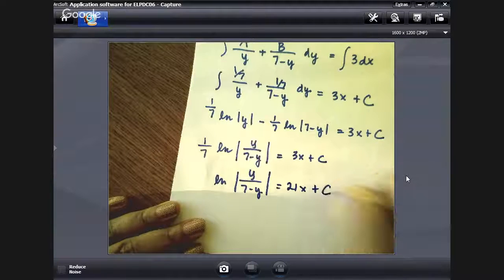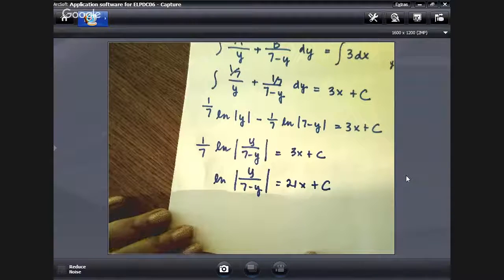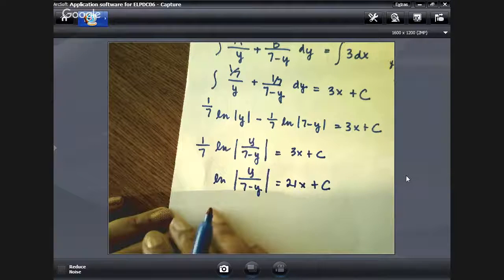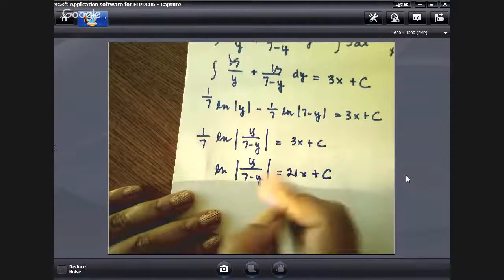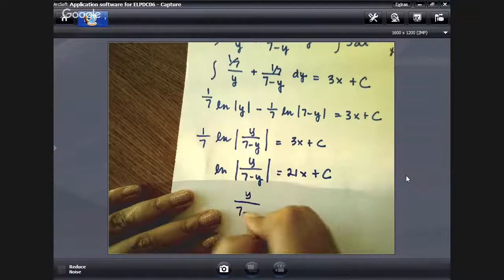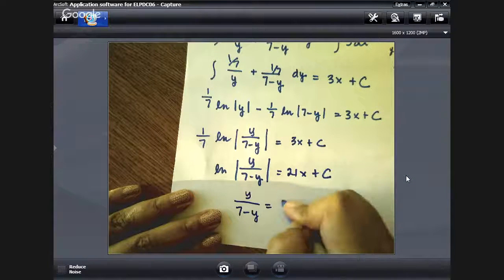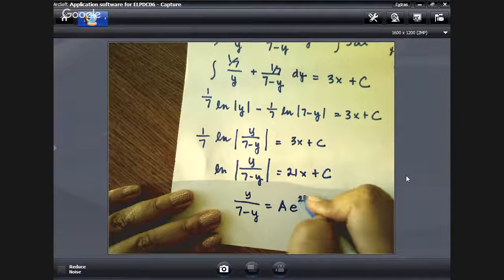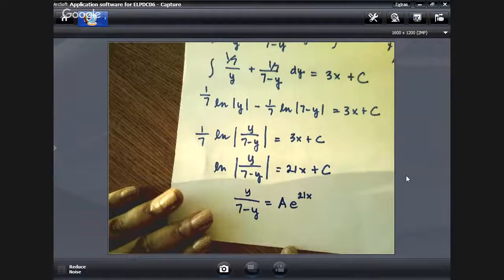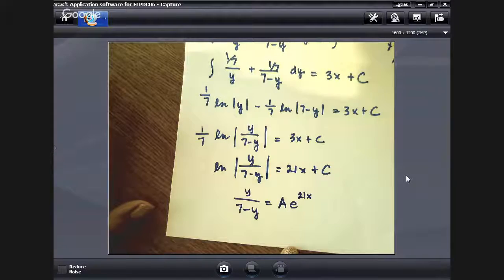I'm just going to write c. I'm not going to say c2 or 7c or anything like that. c is just a placeholder for a constant. Now exponentiating, y over (7 minus y) is equal to some constant times e to the 21x. This is as far as I can go without an initial condition.